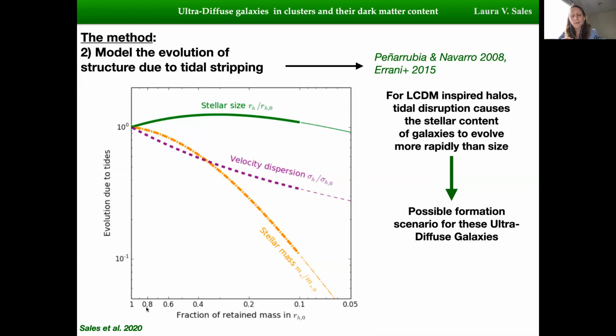So if you take an NFW and you really strip it off, provided the stars are quite segregated to the inner regions, what you find is that as you strip mass, the size almost doesn't change that much, but the stellar mass can change quite rapidly, especially once you are quite tidally disrupted. So this already gives you the idea that if you have an object with a significant size, and now you strip all the mass, but the size remains the same, that would be a channel for formation of UDGs.